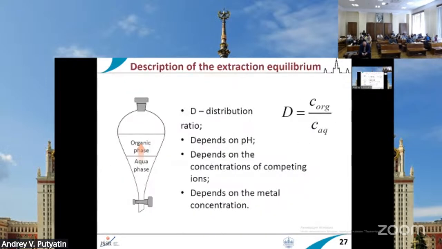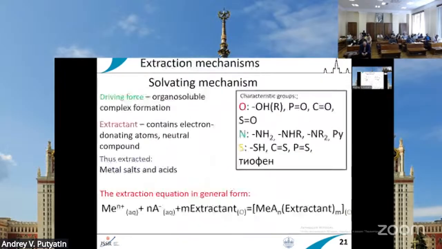It depends on the concentration of competing anions, and also, in the case of the solvating mechanism, on the concentration of counter ions for the metal, because if you make a high concentration of these anions, the equilibrium will shift to the extraction of the metal. It's the simple law of chemical equilibria.